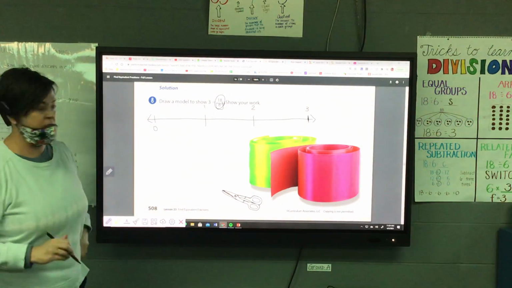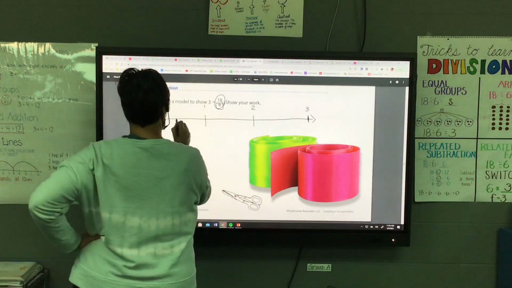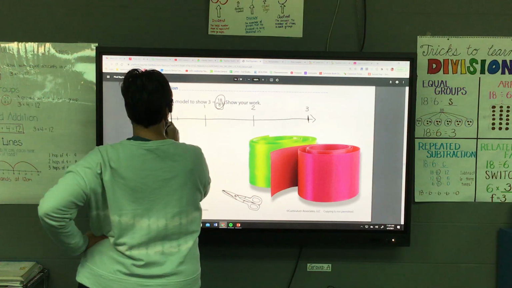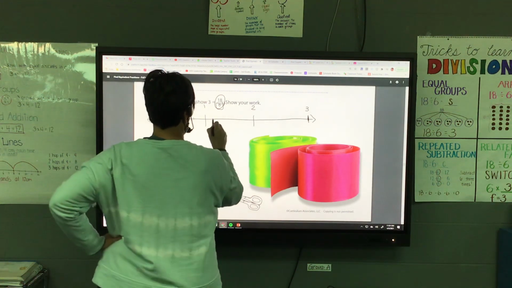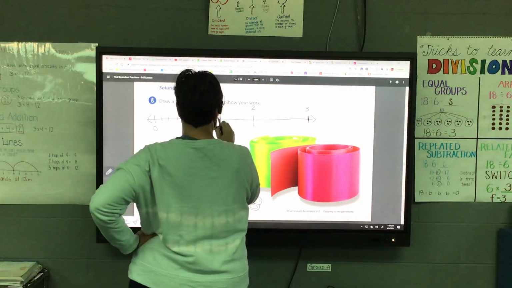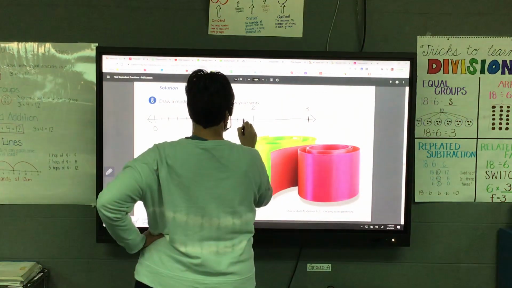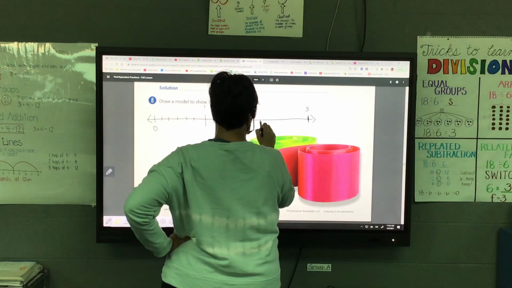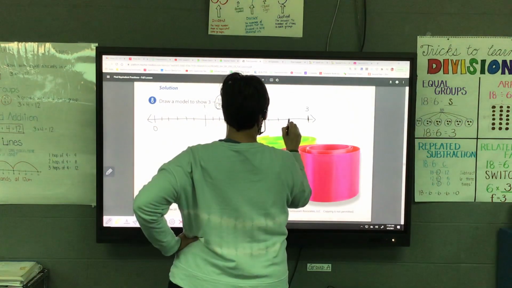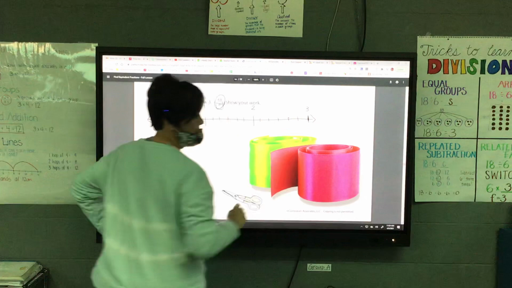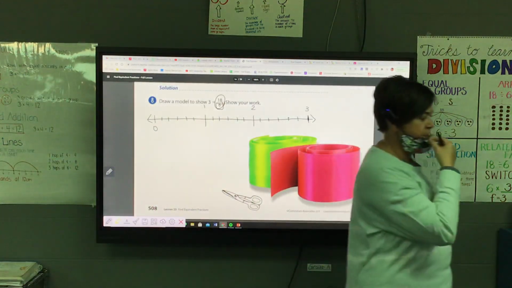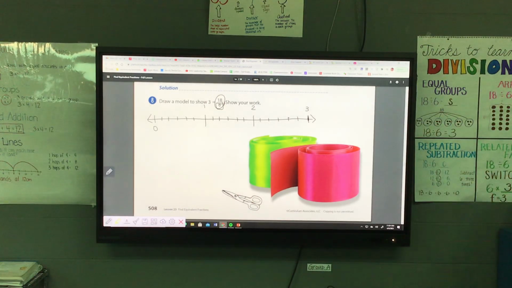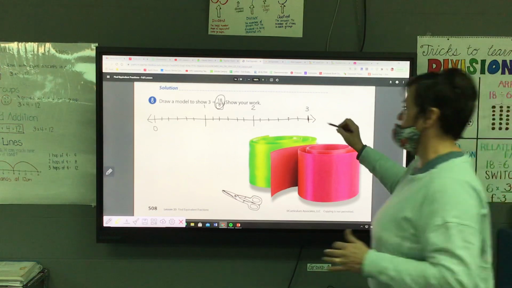Do that on your number line. Okay, everybody have that? 6 equal parts between each whole number.